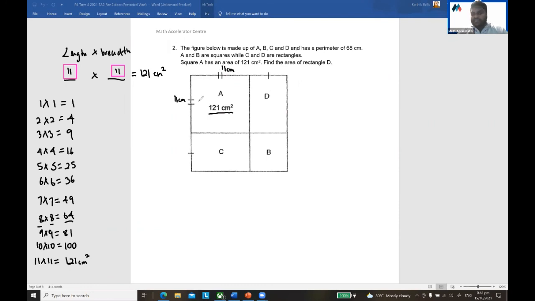Now they say that this whole figure here has a perimeter of 68 cm. Okay, so wherever we can put 11 cm, let's put 11 cm, shall we? So let's put here 11 cm. And this is 11 cm. Okay, now we do not know what the length of this part here is, correct?